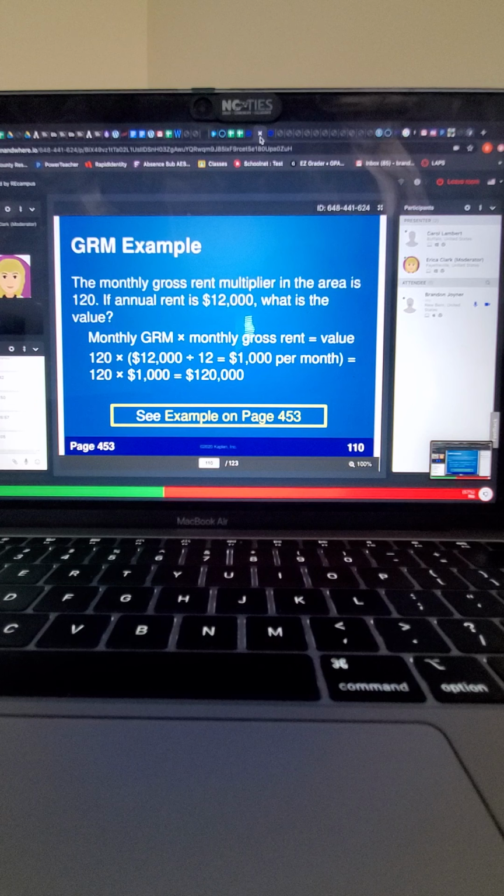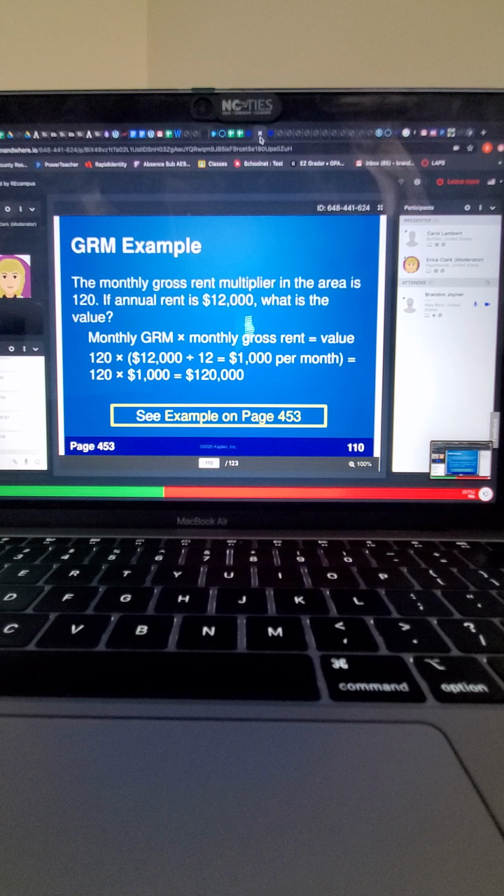If you take what that property sold for and divide it by the monthly income, that will give you a number. And that number is a gross rent multiplier. I call this the PIG formula, P-I-G. Price divided by income equals GRM, gross rent multiplier.